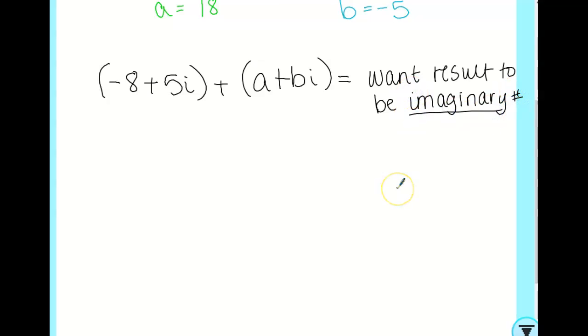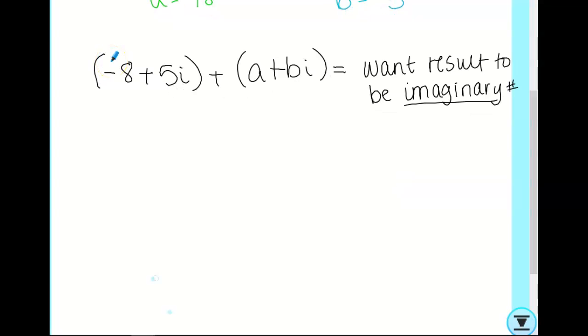Okay, so remember, an imaginary number means that the real part has to be equal to 0. Okay, so that means that these two parts this time, since those are the real parts, they have to cancel out. So -8 plus something has to be equal to 0.